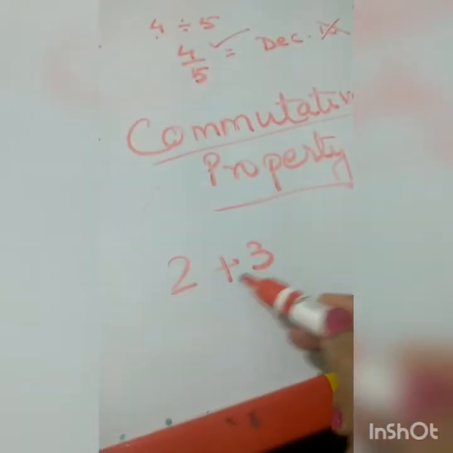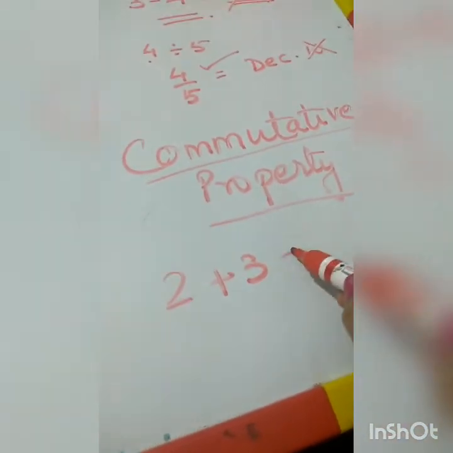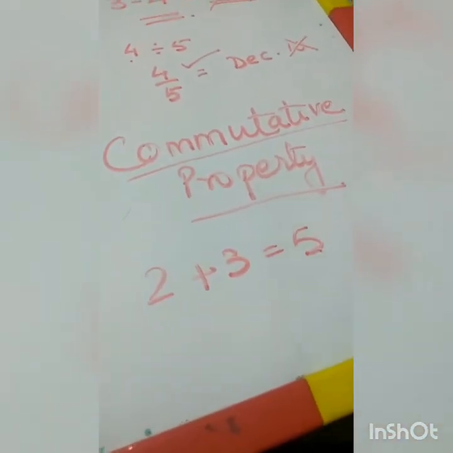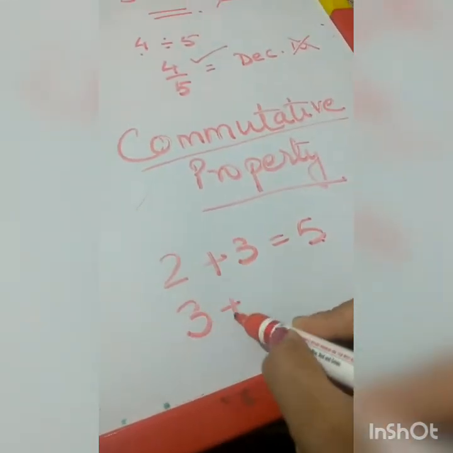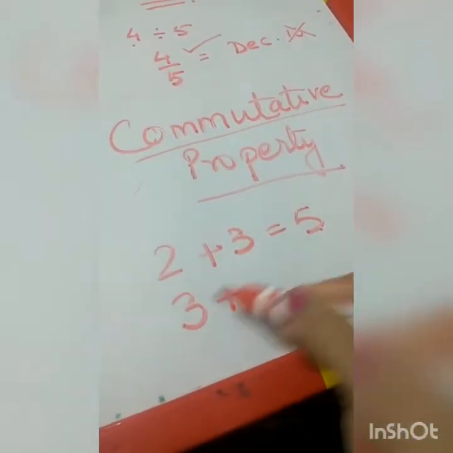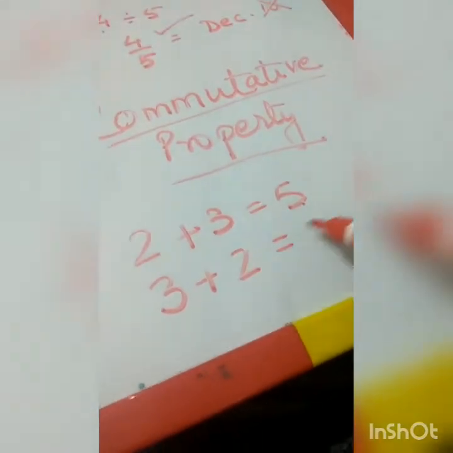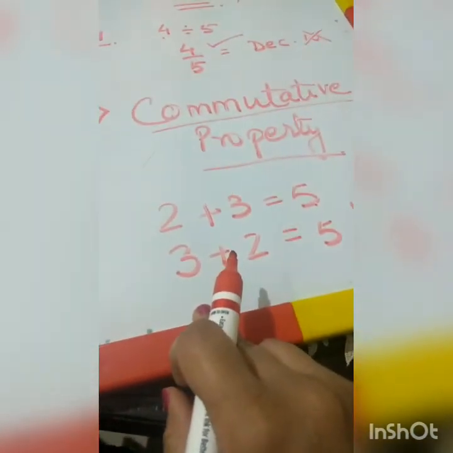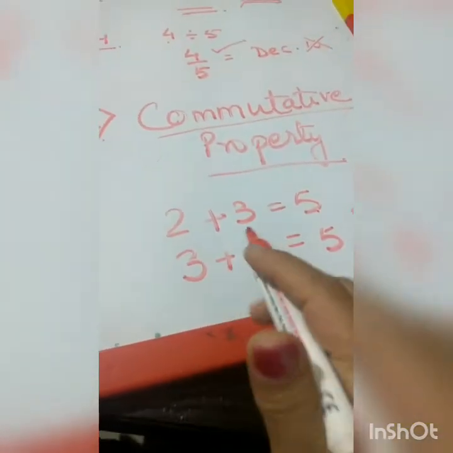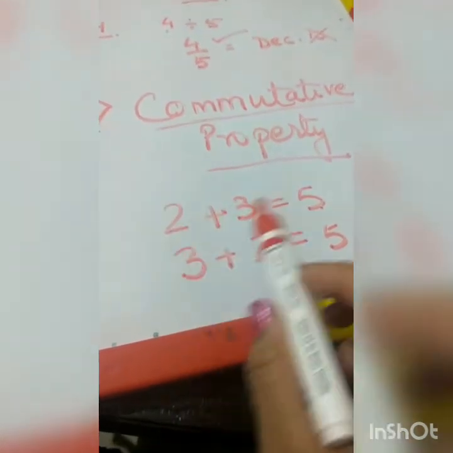First number added to second number. What is the answer that I get? I get this answer. If I change the order of these numbers, second number I have taken first now. And let me see what the answer is. The answer is same again. So this is called that it is commutative. The sum is commutative because the order of the numbers does not change the answer.